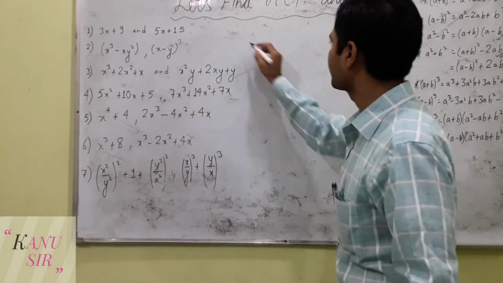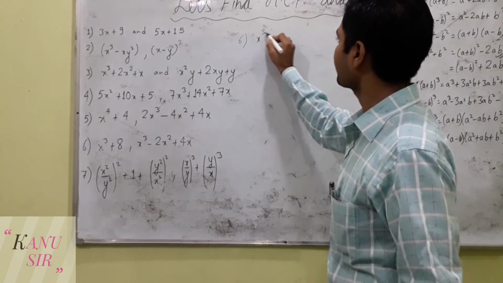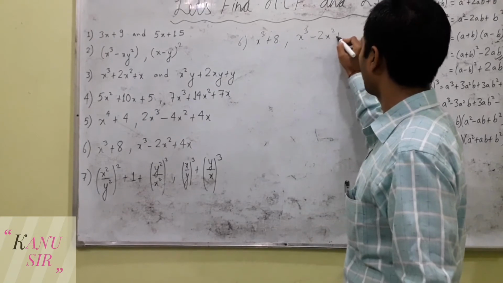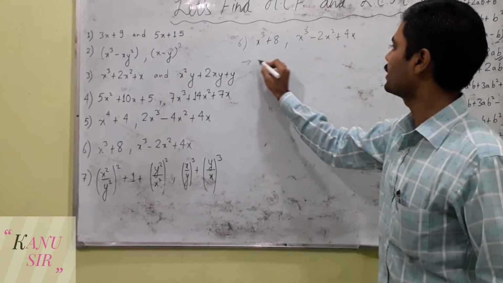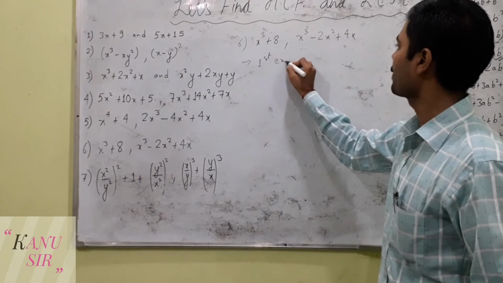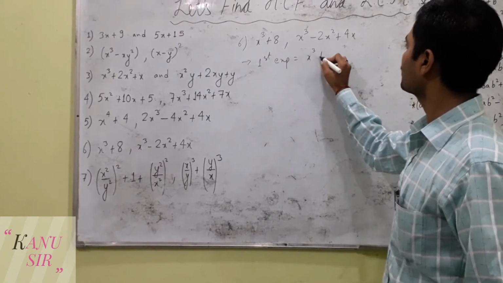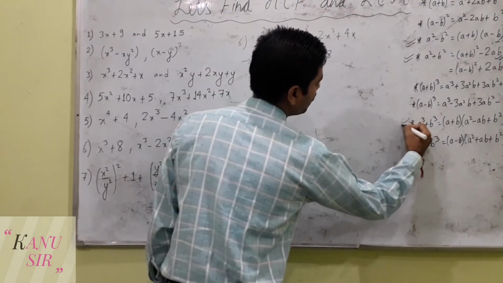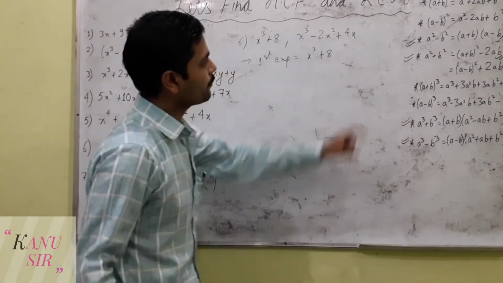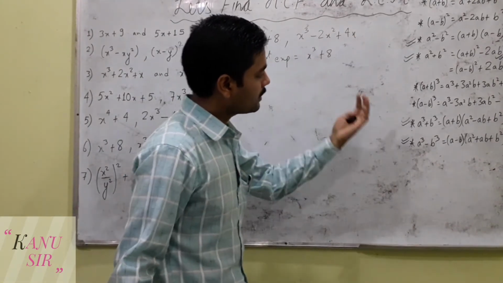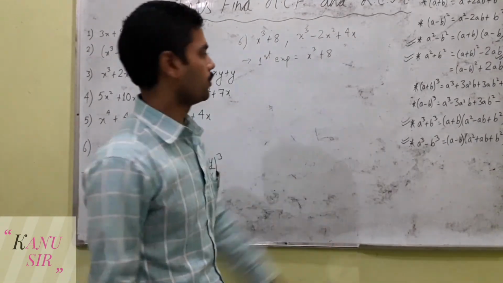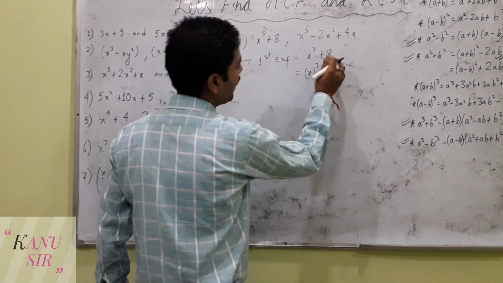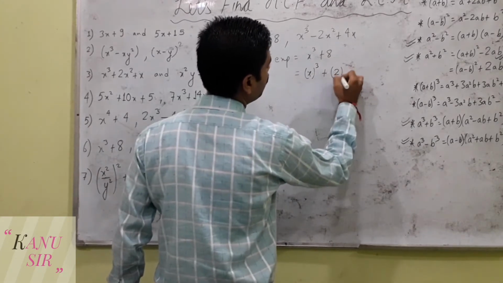For question number 6, the first expression is x cube plus 8 and the second expression is x cube minus 2x square plus 4x. Let us understand the first expression, that is x cube plus 8. Here we are going to use another formula, a cube plus b cube. After the two earlier formulas, the most used formulas are a cube plus b cube also. Now you can see here x can be taken as x whole cube, and 8 is the cube of 2, it means 2 whole cube.